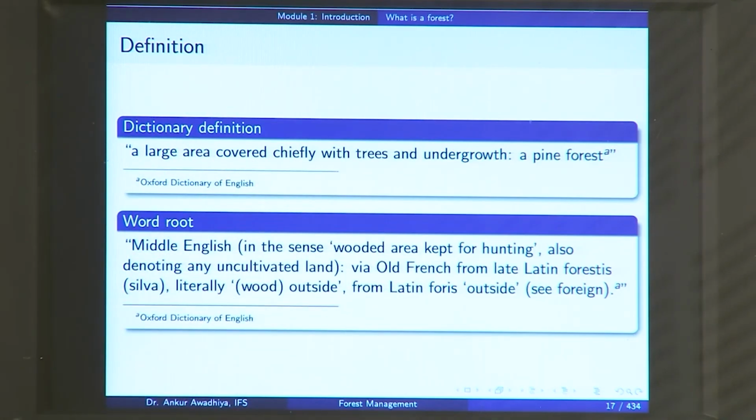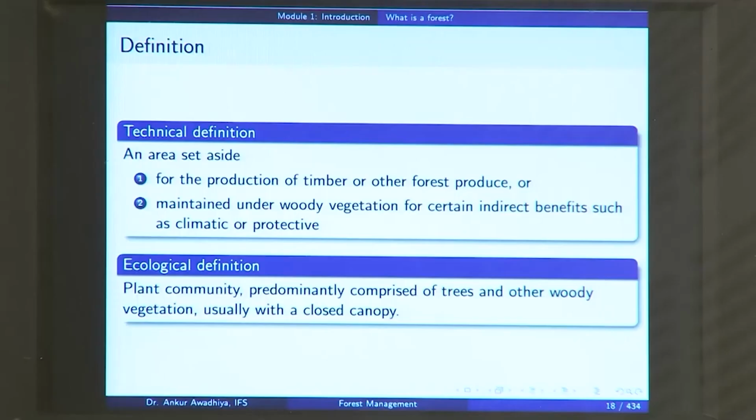So, this is the dictionary definition, but this definition does not serve all of our purposes, so we have certain other definitions as well. One is a technical definition, which says that a forest is an area set aside for the production of timber or other forest produce. Here we are looking at a utilitarian concept, the utility of the forest.